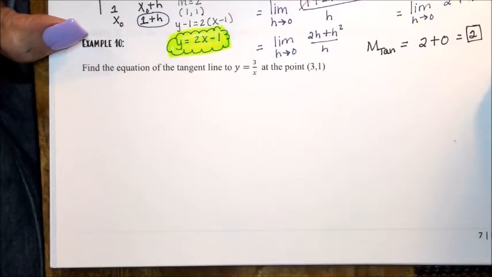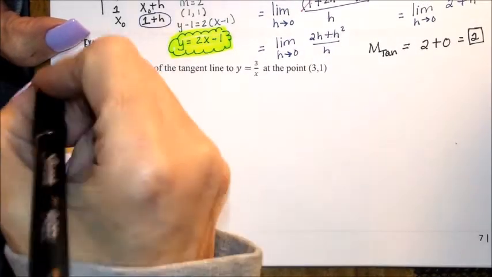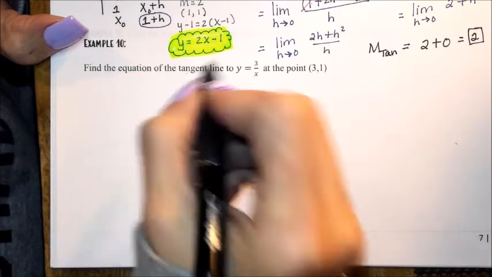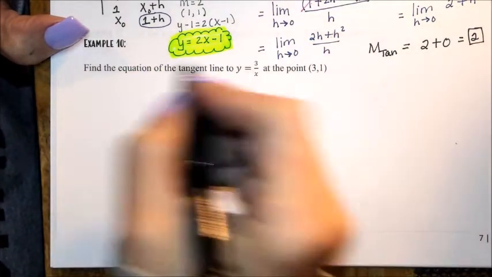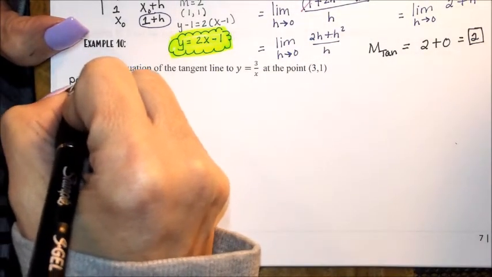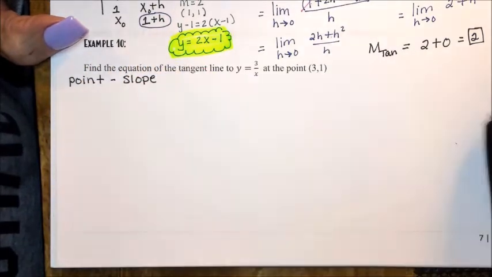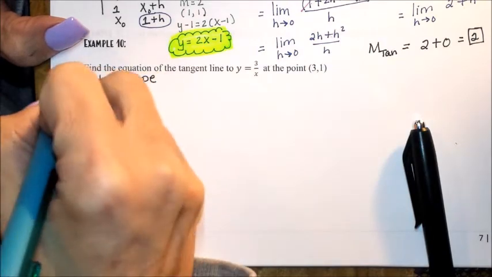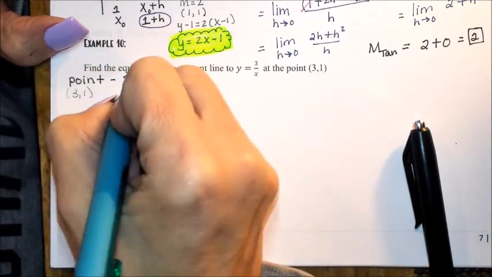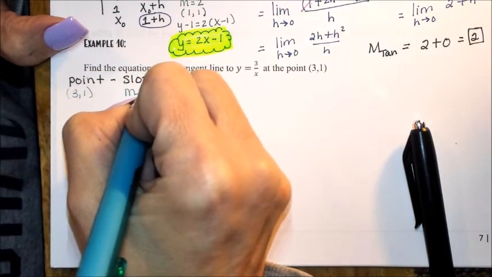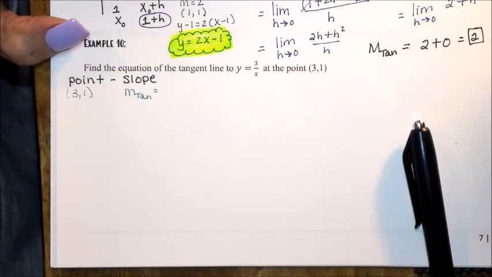Same thing we are going to do. Here's what I know. If I'm finding the tangent line and I'm going to write the line, I need to have a point and I need to have the slope. Well, I have a point, don't I? The point is 3, 1. But what is the slope of the tangent line? I don't know.